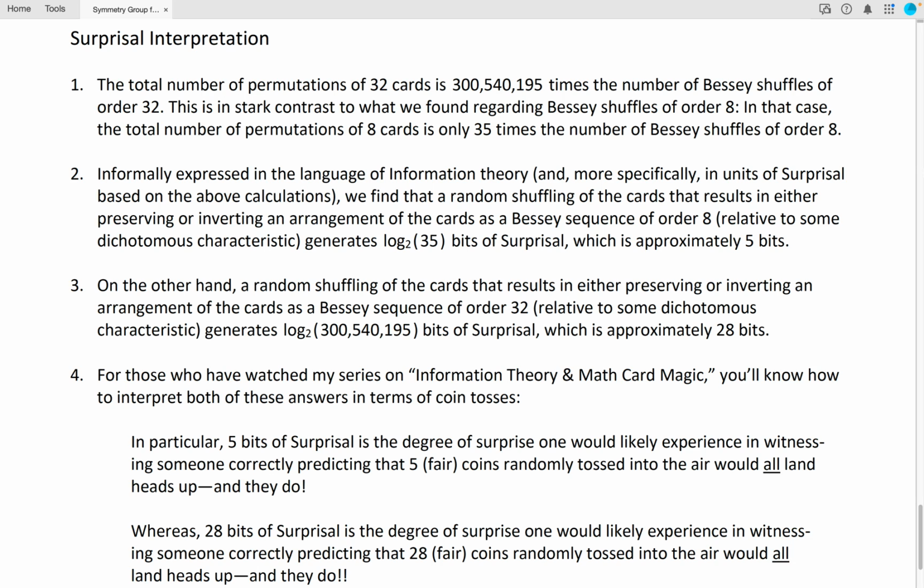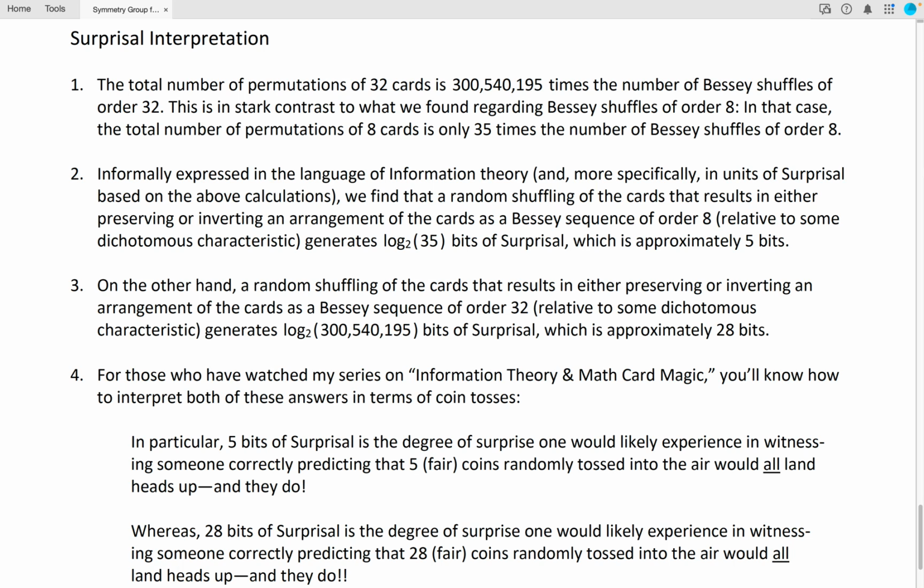2. Informally expressed in the language of information theory, and more specifically in units of surprisal based on the above calculations, we find that a random shuffling of the cards that results in either preserving or inverting an arrangement of the cards as a Bessey sequence of order 8 generates log base 2 of 35 bits of surprisal, which is approximately 5 bits. 3.